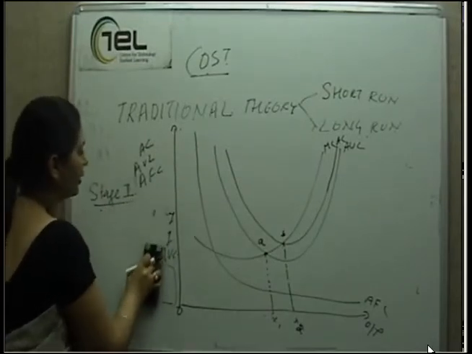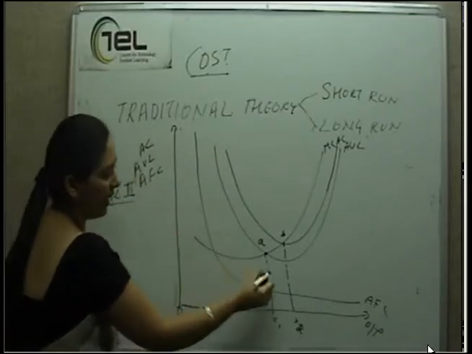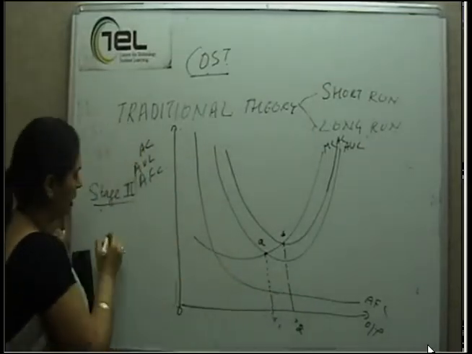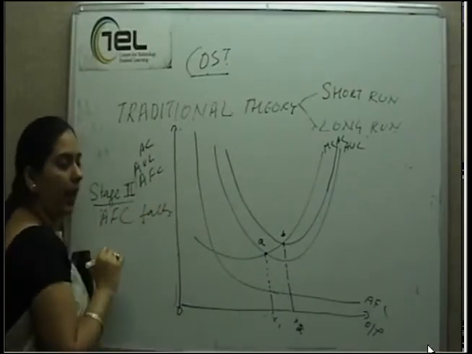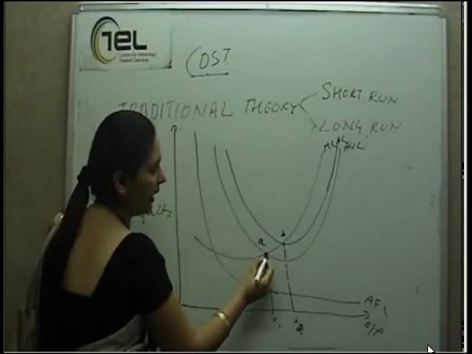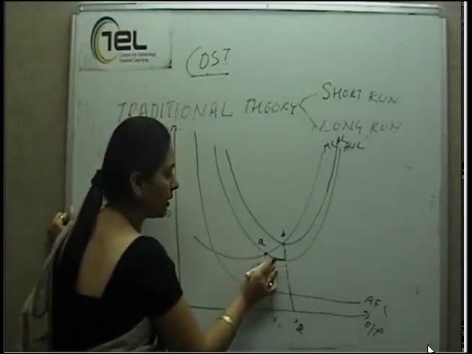Now let's go on to the second stage. In the second stage we realize that our AFC again falls. Now if you see my AVC, I see that it has slightly moved upwards.